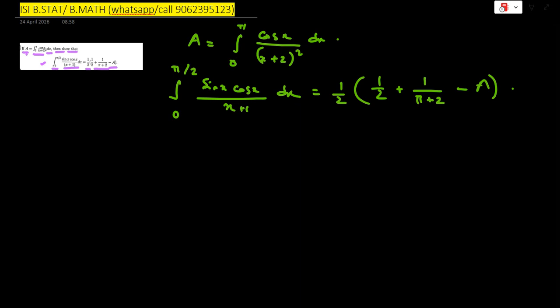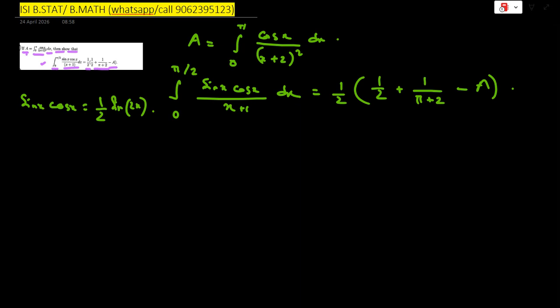Whenever you see sin x cos x, your brain should whisper: use the identity. We know that sin x cos x is equal to half of sin 2x.